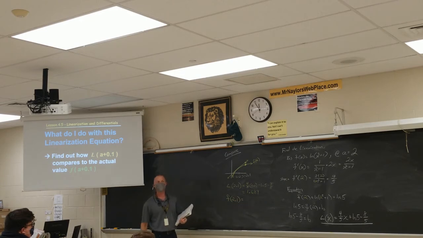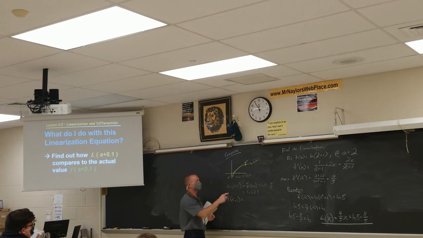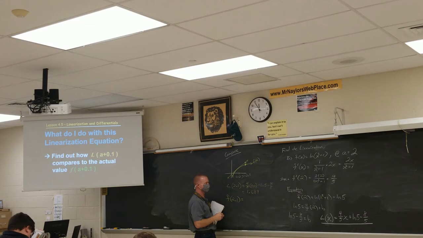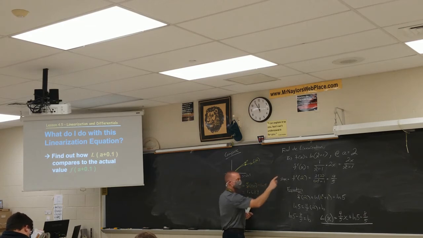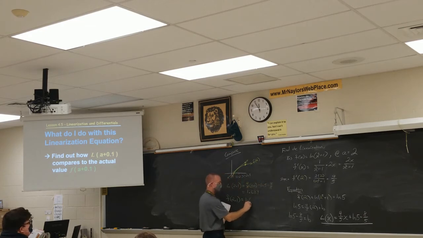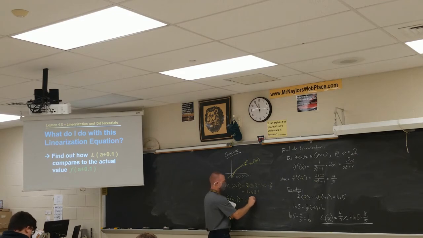And then we want to find f of 2.1. Again, why is it 0.1? Just because 0.1 is really close, it's going to make sure I'm really close to where I started. Okay, now when I do f of 2.1, I'm back to the original equation, ln of x squared plus 1, so 2.1 squared plus 1.